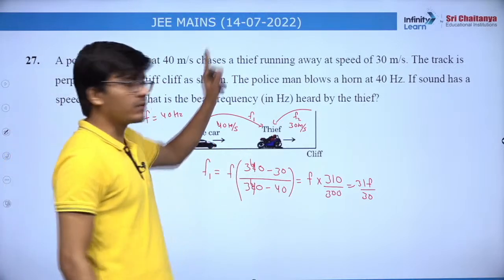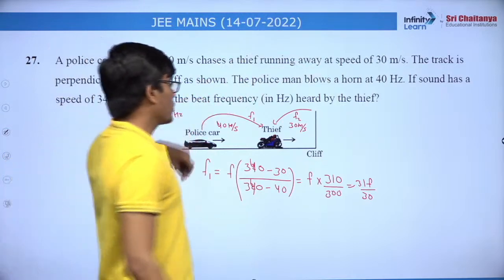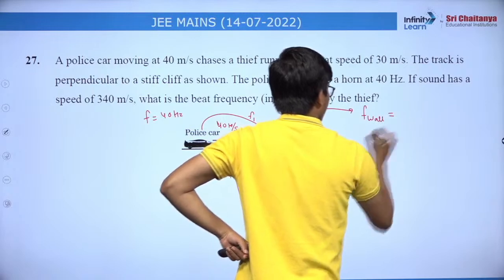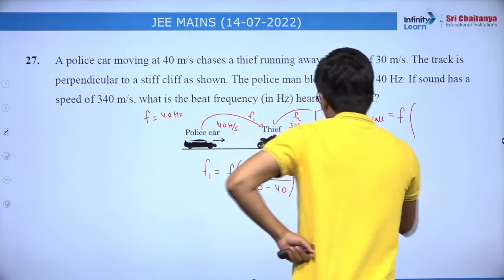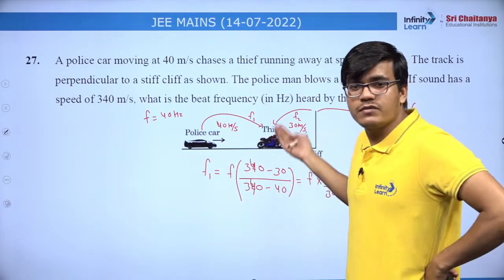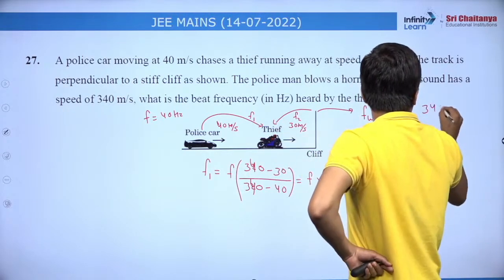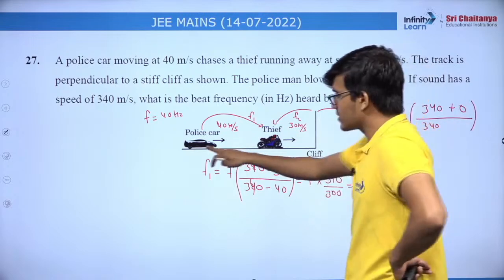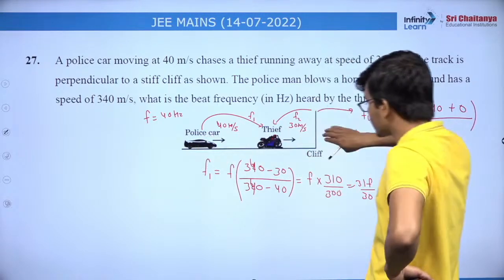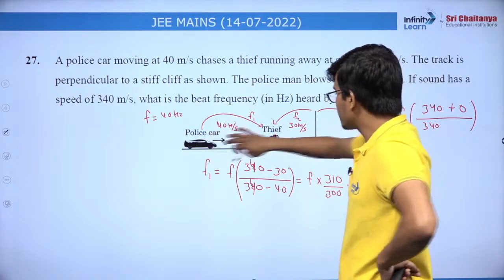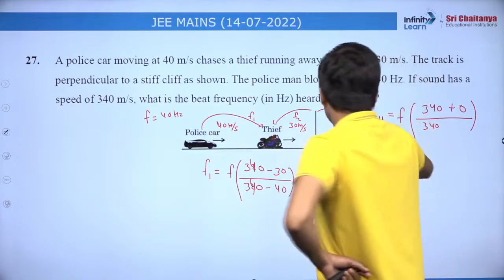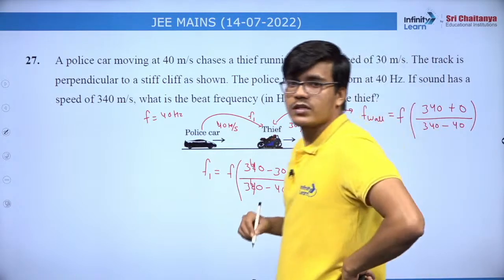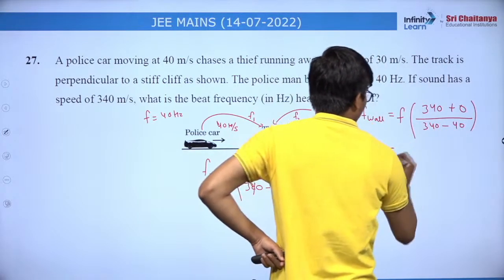And the second will come after the reflection from the wall. So what will be the frequency reaching the wall? It is F. You can assume the wall as an observer which is at rest, right? So 340, the observer is at rest, and the source is coming towards this wall. This police car is coming near the wall, so the frequency should increase, which means in the denominator it should be a minus sign, right?